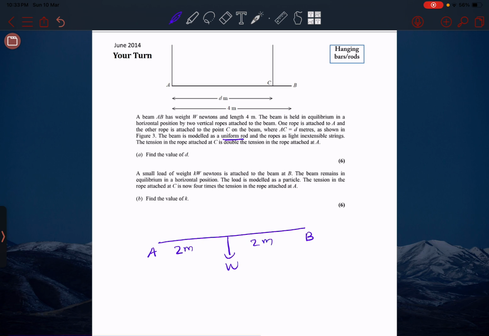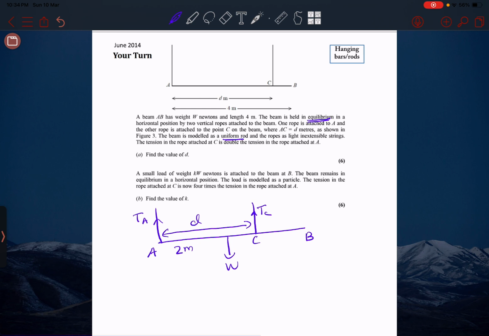The beam is held in equilibrium by 2 vertical ropes. One has tension TA and the other is attached to the point C. AC is D meters, so we can call this point C, and this is D meters.